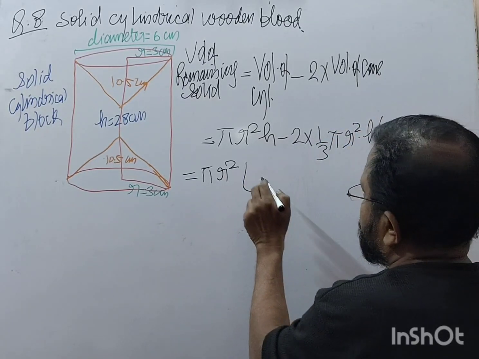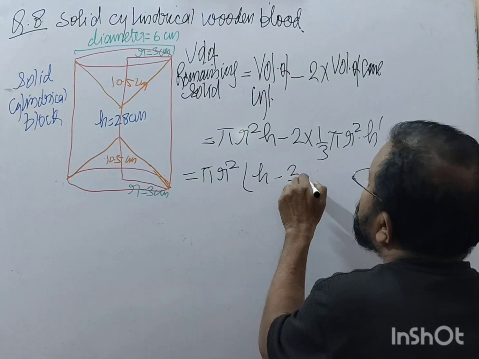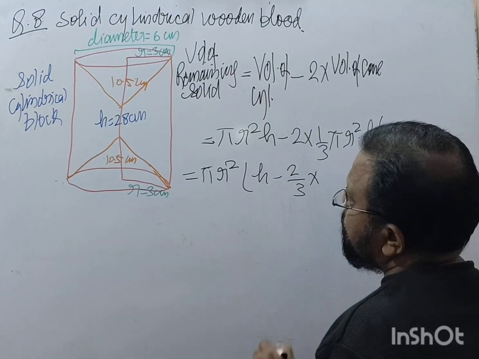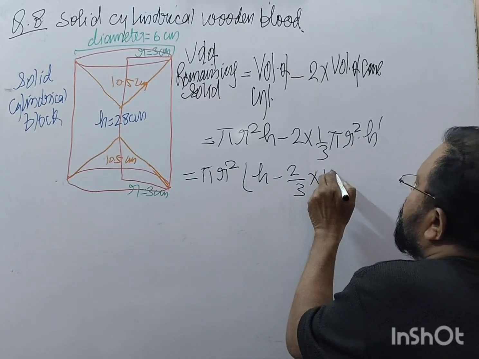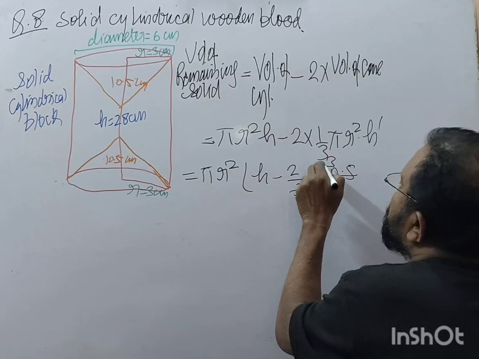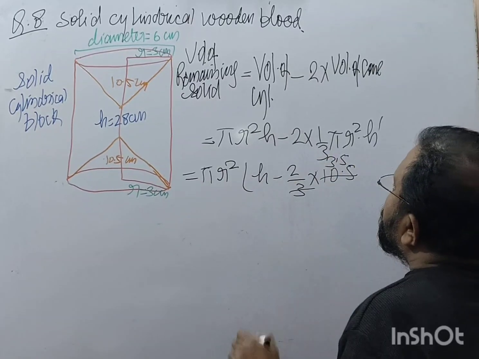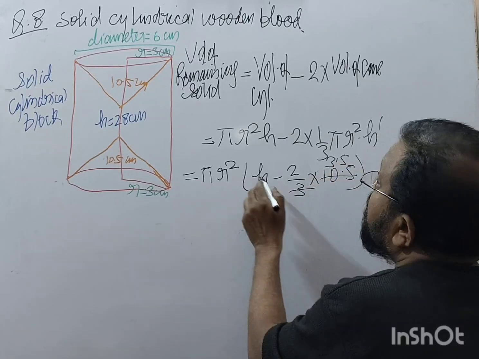It is h dash. So it is h minus 2/3 into 10.5. 3 times 3, 5. Right? It is 7.